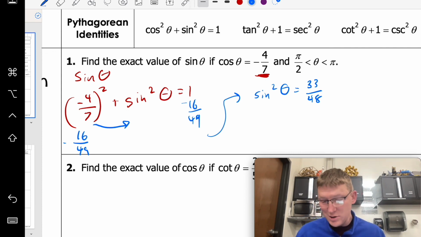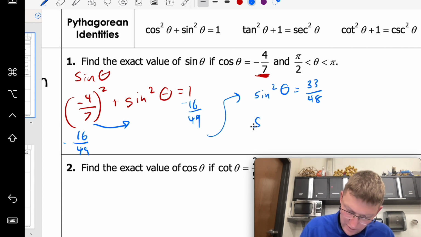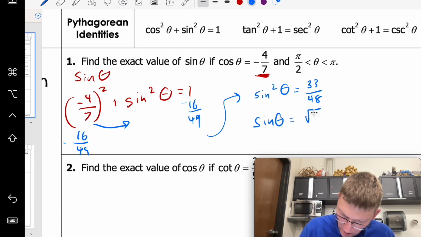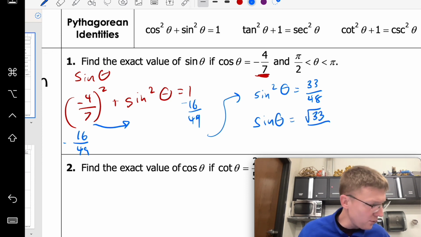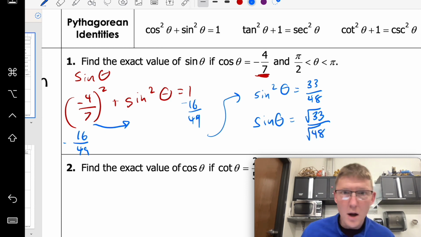So now we got to square root both sides, which is going to be, so sine of theta equals square root of 33. Does square root of 48 equal something nice? It does not. So then I did something wrong.